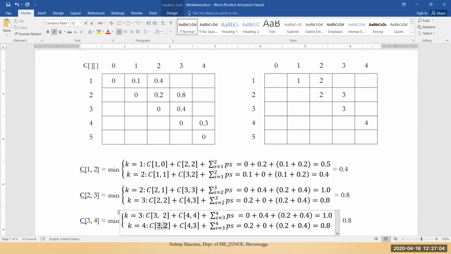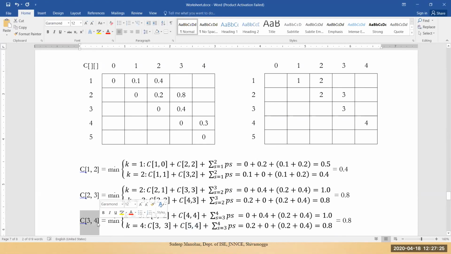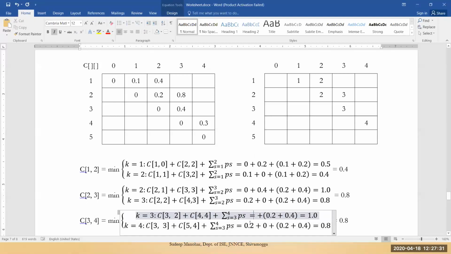K minus 1 is 4 minus 1, that is also 3. K plus 1 is 4 plus 1 is 5. Comma. What is j? J is 4. I and j, you can get from here. These are nothing but the I and j. Now let us fill the values. I hope everything is correct. I'll fill the values now.